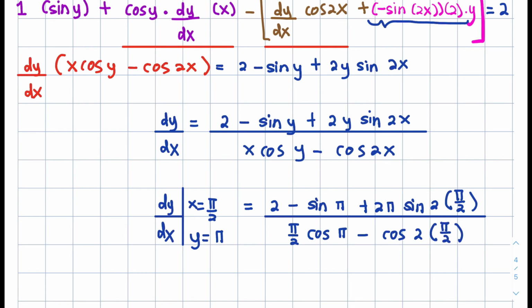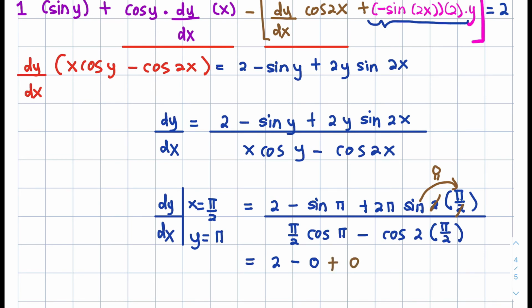Right, now what you have to do is simplify. 2 minus sine pi, sine pi gives you 0. Now if you simplify this 2 and 2, you will get sine pi, which again gives you 0. Multiply 0 with anything, you get 0, so this one will be plus 0.